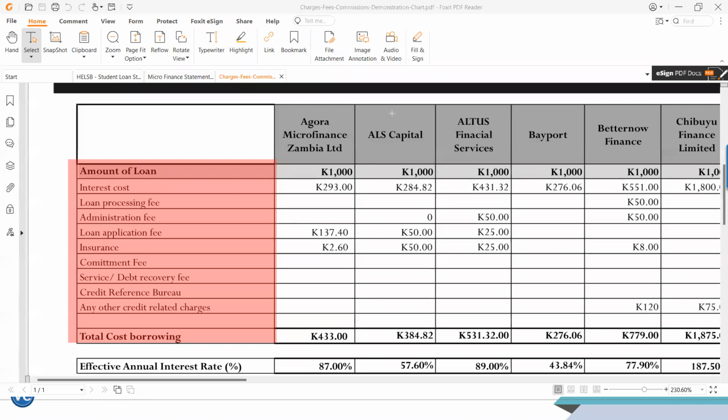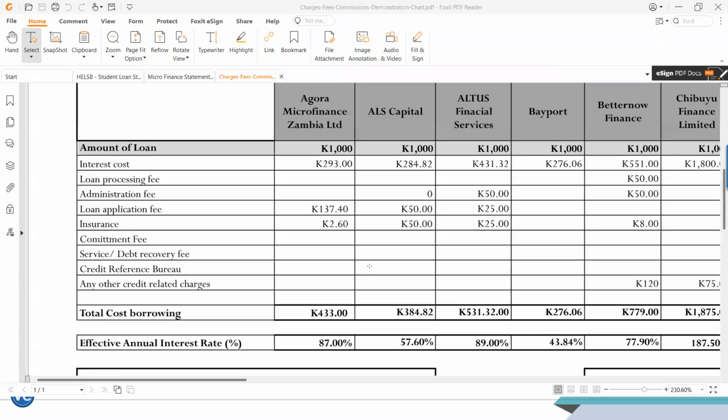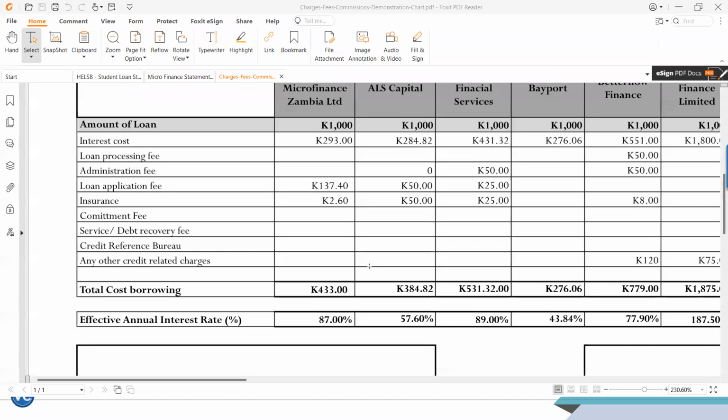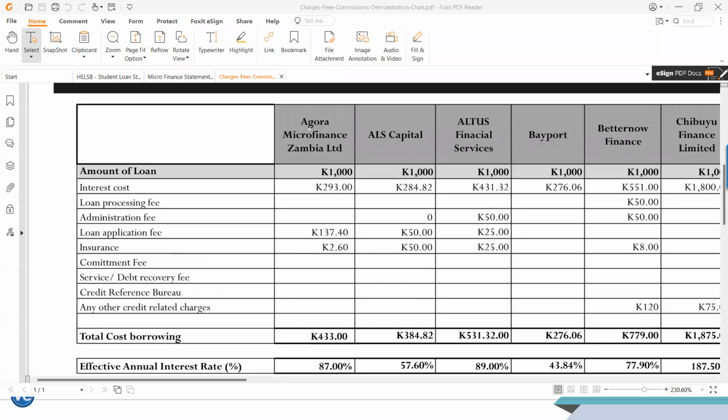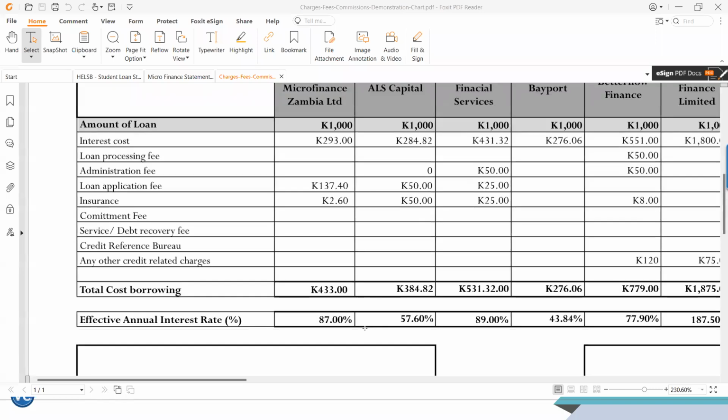And the interesting thing is, as you go through this document, the effective annual interest rate is very, very different across each company. So you might think, if I borrow from Agro Microfinance Zambia Limited versus ALS Capital, the effective annual interest rate is what you're looking for, not the interest rate that they tell you, no, us it's 22%, no, us it's 20.